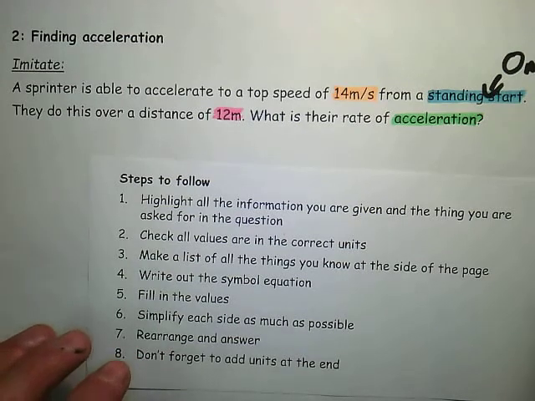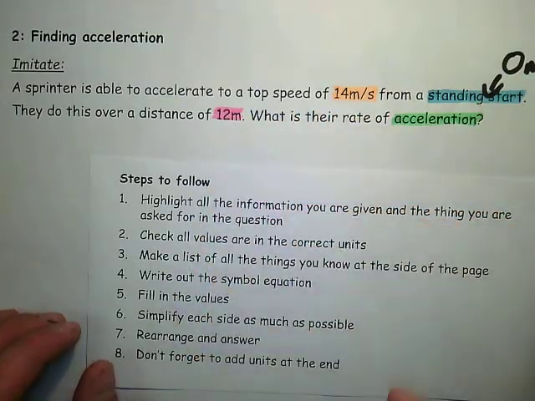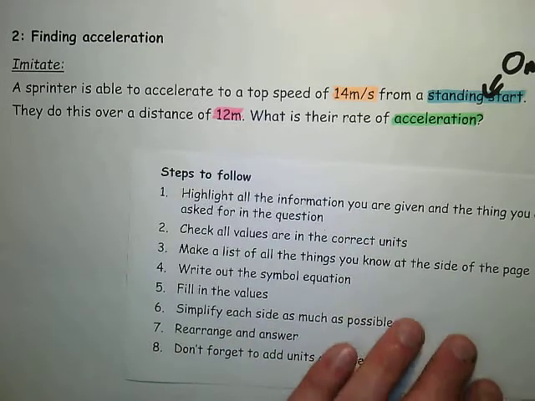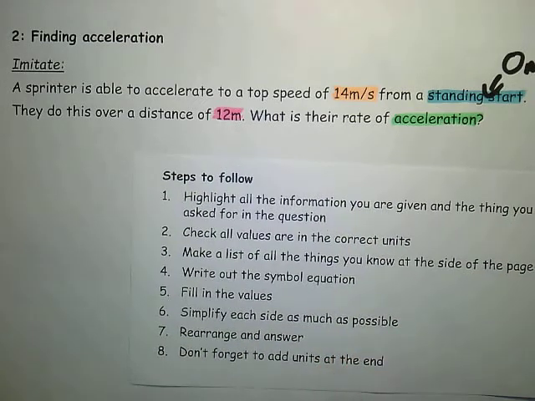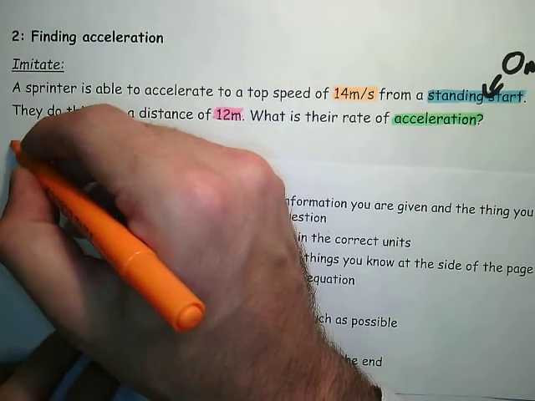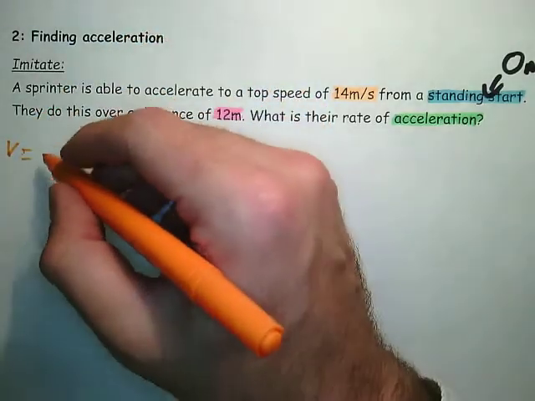Next step, we check all the values again. So 0 meters per second, 14 meters per second, 12 meters, all in the right units, so we don't need to do anything there. Then we start making our list at the side of the page of everything that we know. Starting with v, the final velocity equals 14 meters per second.